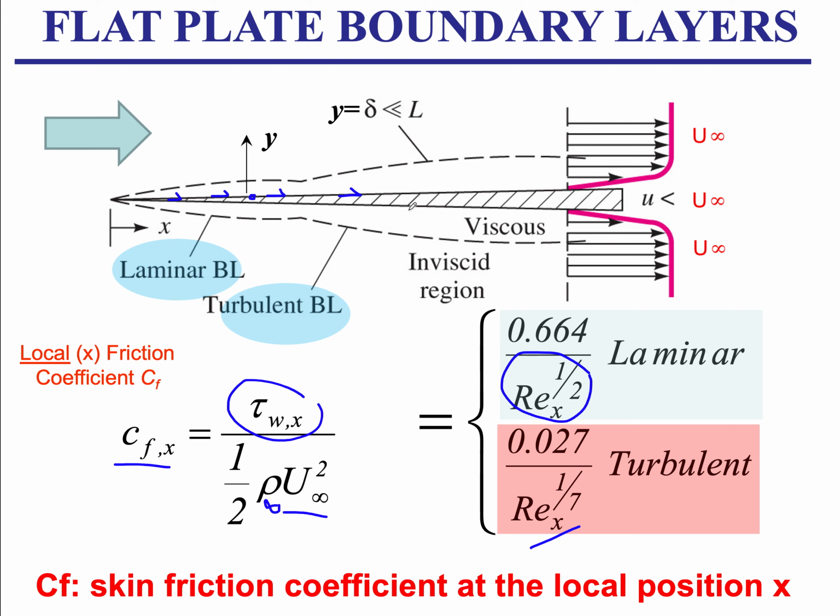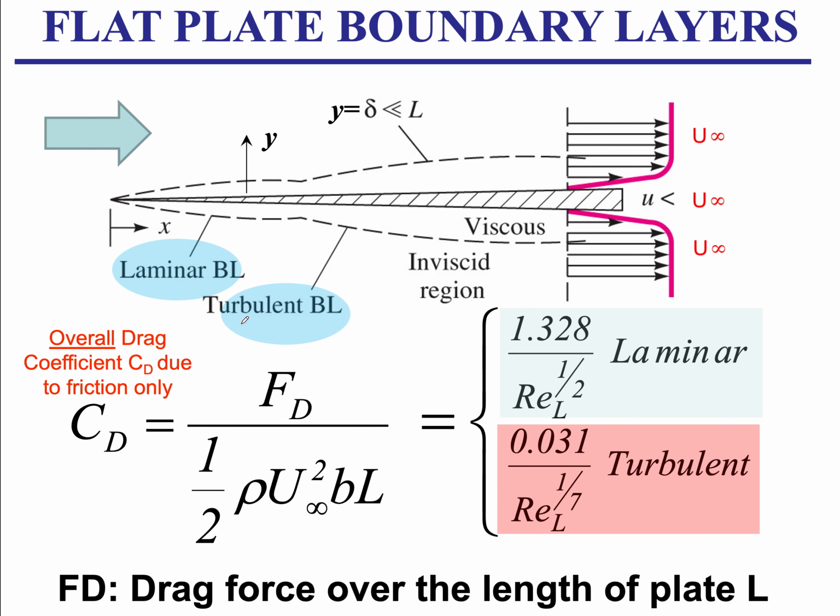So this flat plate really is the fuselage, and if I now want to know the total shear stress force over the whole fuselage of the airplane, then I need to sum up locally each one of those shear stresses multiplied by its area for the whole length of the plate, and that's what we do next.